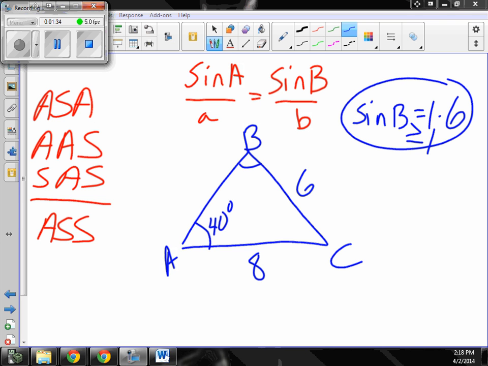So that's no solution. What if angle B equals 15 degrees? What does that tell us? Well, it can. So if this has two solutions, where is the pivot?